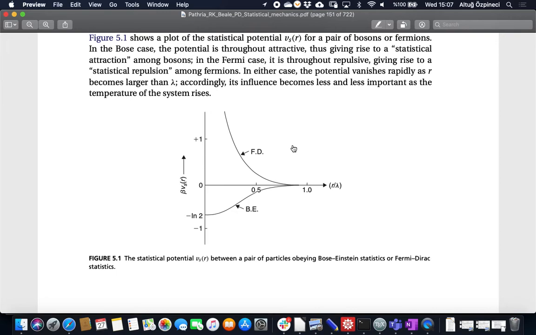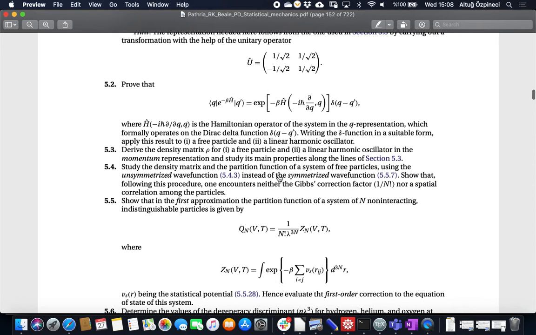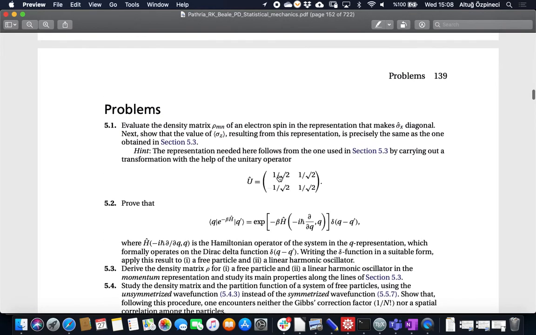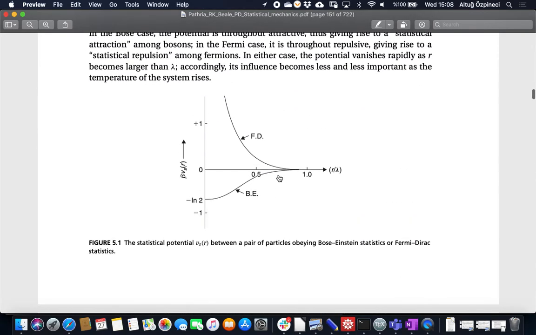Other questions before asking your favorite number? Yes, there is a question on that corner.